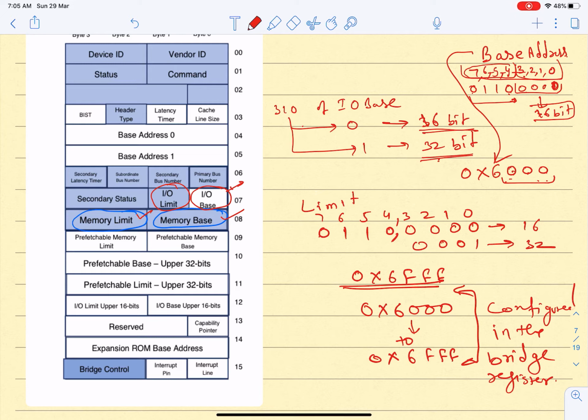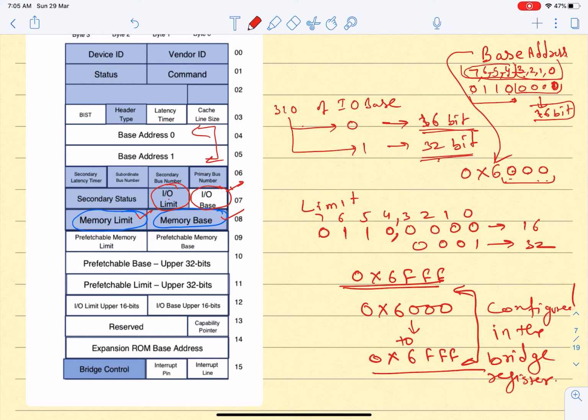So we can have IO address space in the PCI base device and in the bridge also. So combined address range will be configured here in IO base and IO limit.